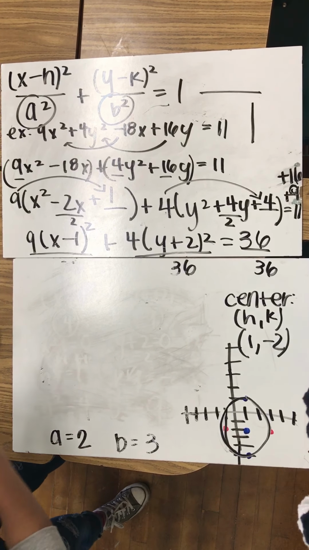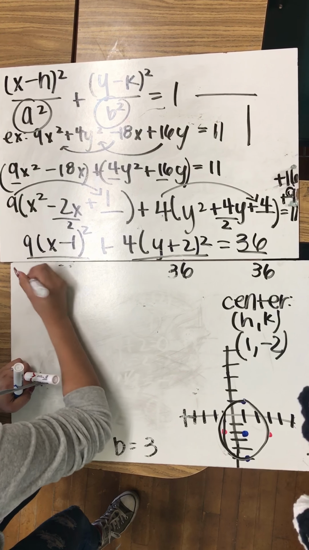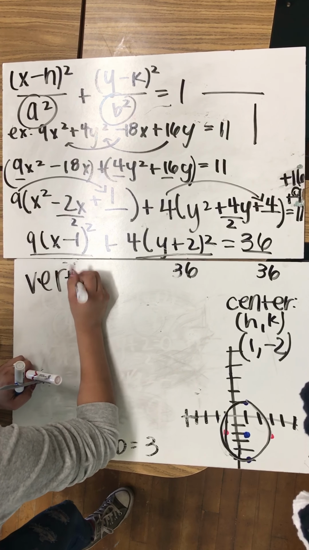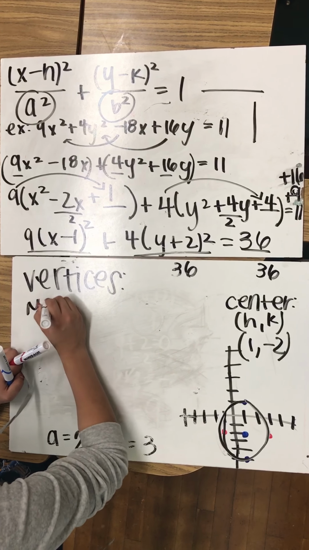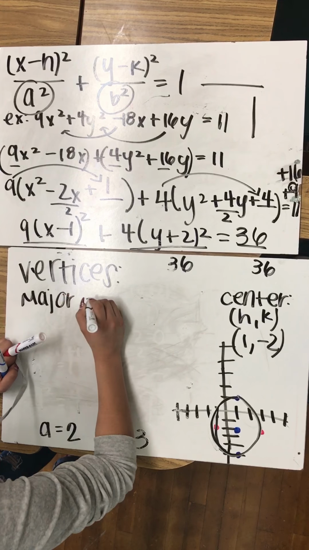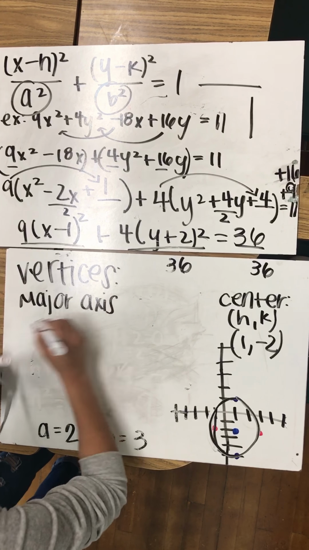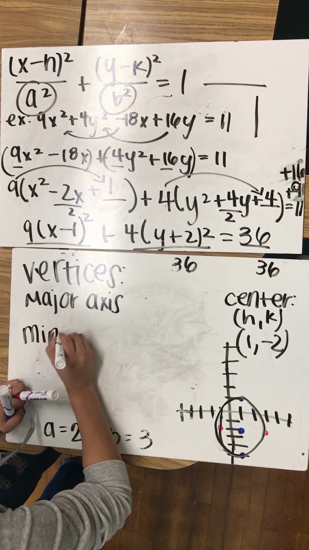So let's see. The vertices, and there are two different ones. There's the major axis and the minor axis.